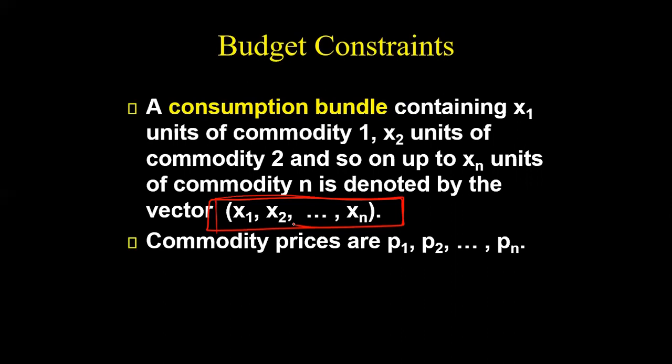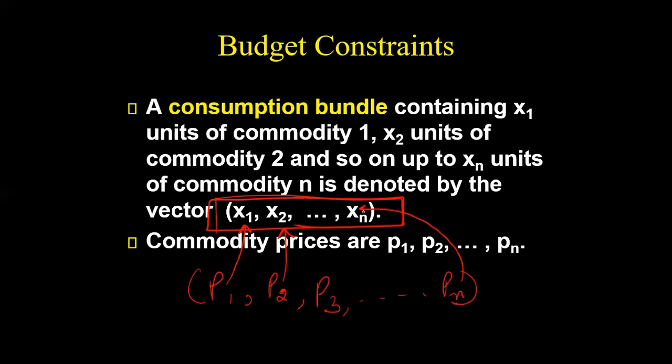I have certain prices also. This is known as a price vector. What is a price vector? When I write prices like this, P1, P2, P3, so on till Pn, P1 is the price of good 1, P2 is the price of good 2, and so on, Pn is the price of good n. So this becomes my commodity prices.